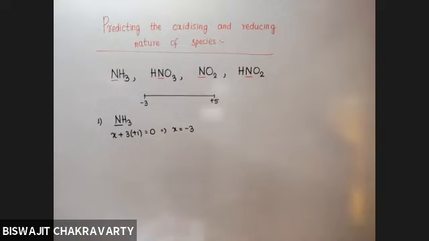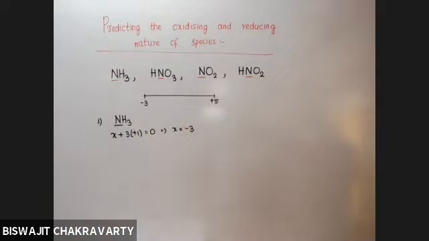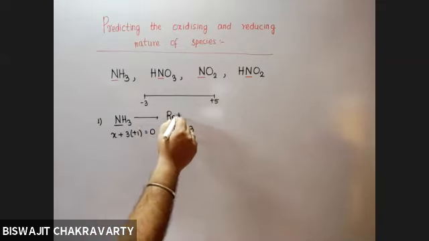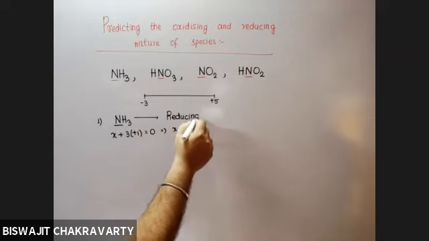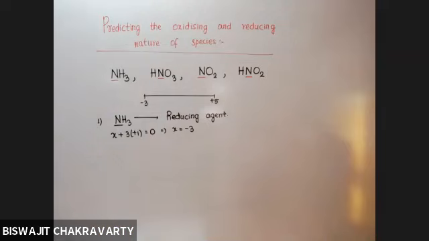It means that in NH3, nitrogen is in its lowest oxidation state. And if it is in its lowest oxidation state, it can only lose electrons. It cannot gain electrons. So what will be the role of NH3 in any reaction? Sir, reducing agent. Only reducing agent, isn't it? Understood? Yes, sir.